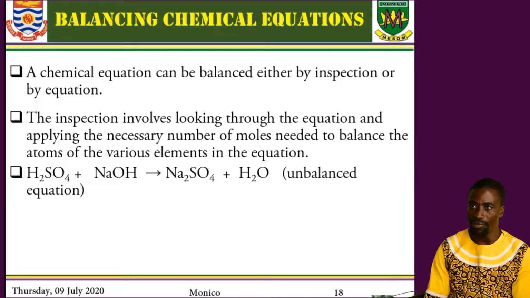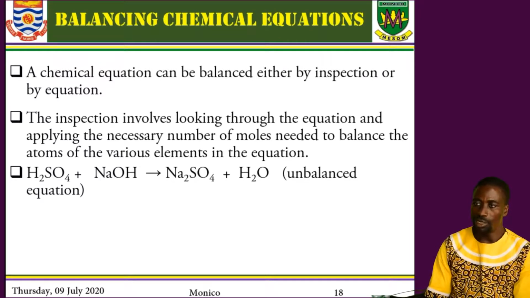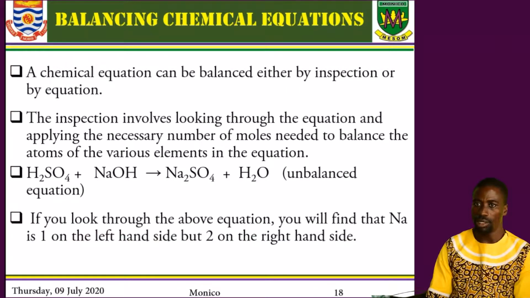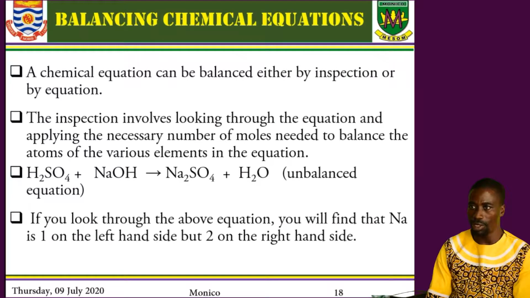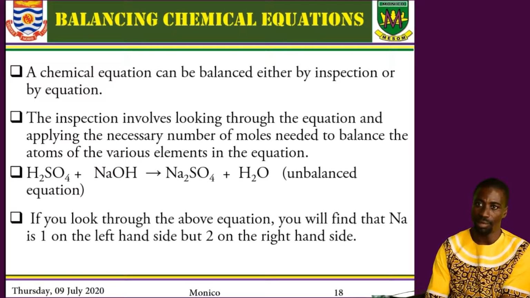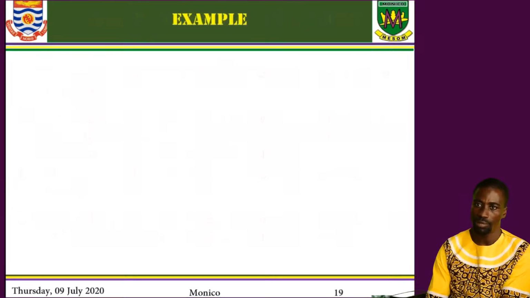Oxygen, we have 5. Hydrogen, we have said that already. So you realize that this equation is not balanced. So if you look through the above equation, you will find that sodium is 1 on the left but 2 on the right, as I've just indicated to you.